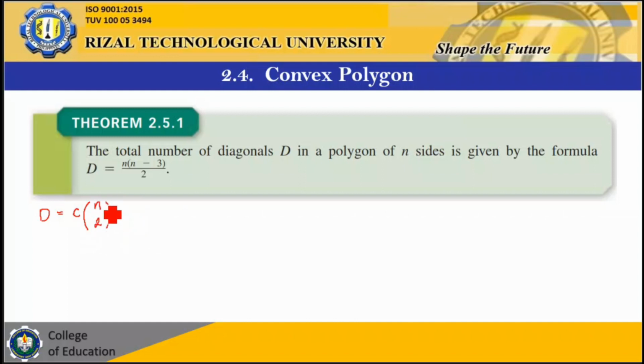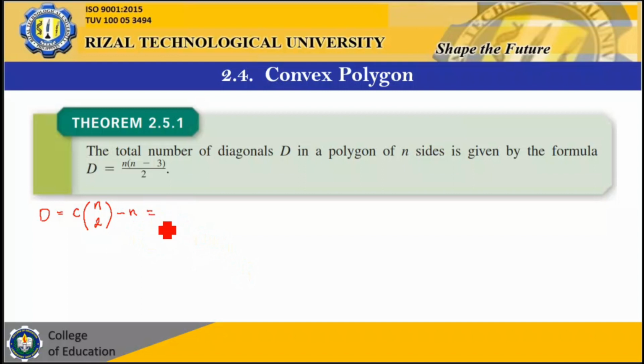The combination of n, because we don't know the number of sides, and 2 is the number of vertices, 2 non-adjacent vertices. And we subtract this one by the n number of sides.